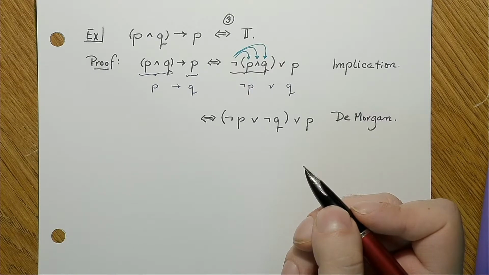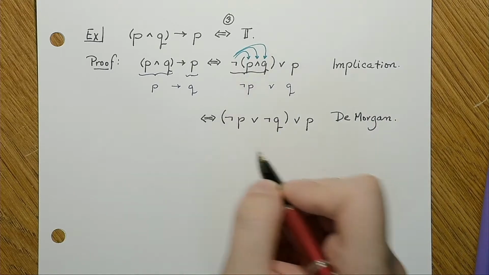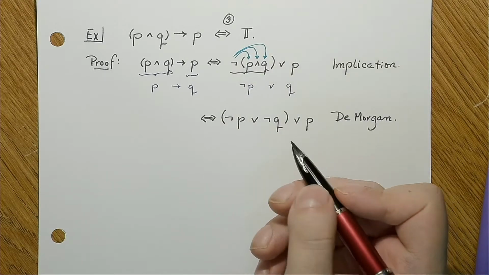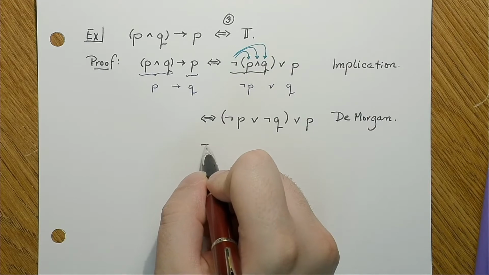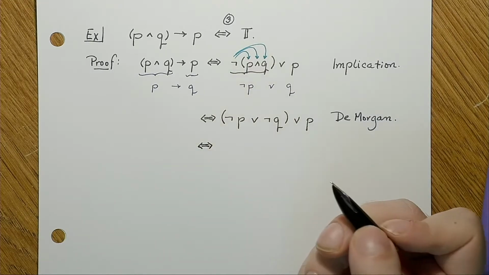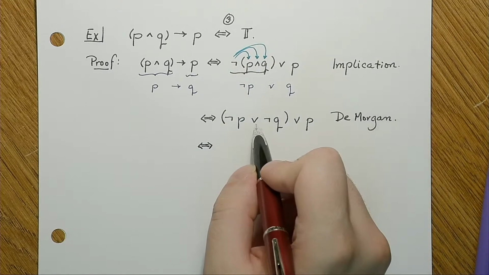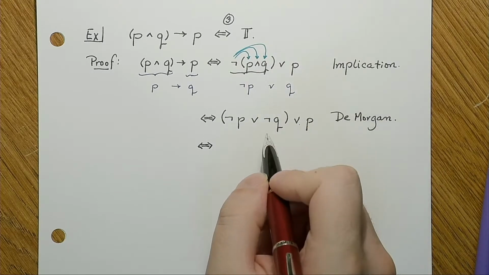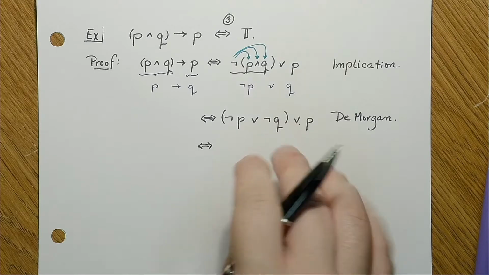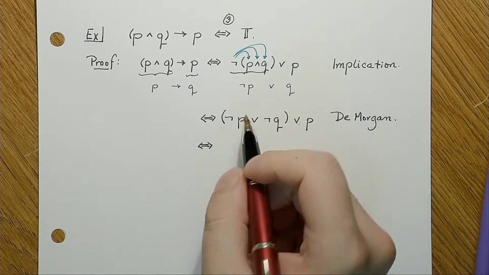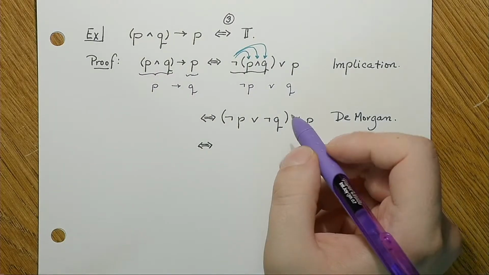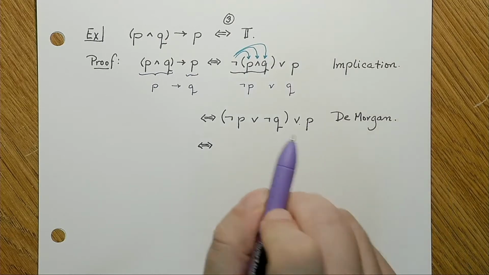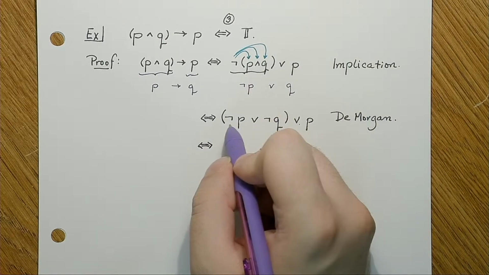Let's see, what could I do next to make this quick? What I'm going to do is use the associativity rule. Sorry, no, I won't use the associativity. What I will use is the commutativity.